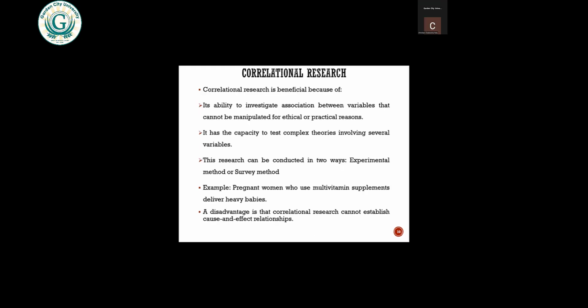Good. What are the benefits of correlational research? Its ability to investigate association between variables that cannot be manipulated for ethical or practical reasons. When you're doing a study into teenage pregnancy and you're looking at the influence of divorce, the influence of poor sex education, the influence of poverty, you can't change somebody's poverty status in your research.